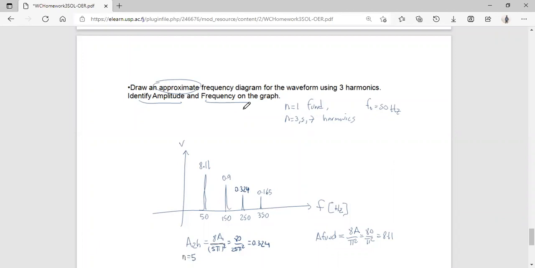There's a magnitude plot and there is a phase plot, isn't it? For this particular case, it just says draw an appropriate frequency diagram. Most of the time when you are drawing your Fourier transform graphs, it is the magnitude plot. So we can draw a magnitude against frequency plot. That would be the most appropriate one.